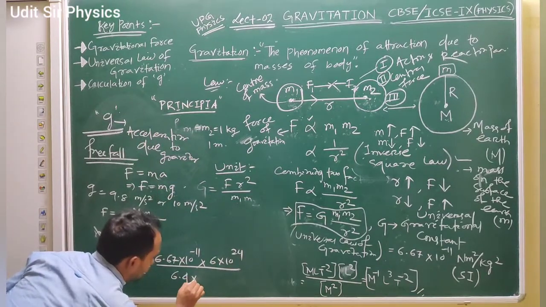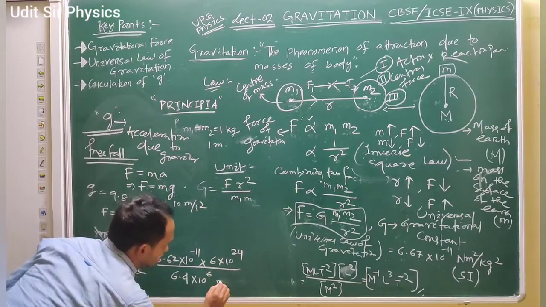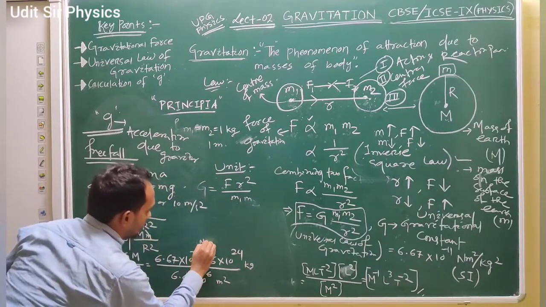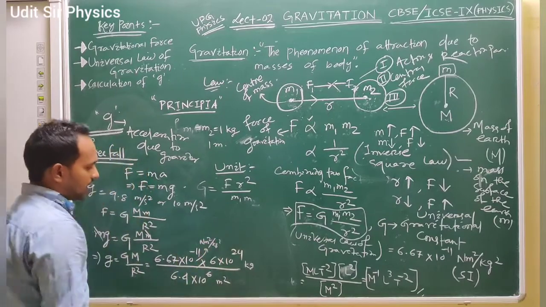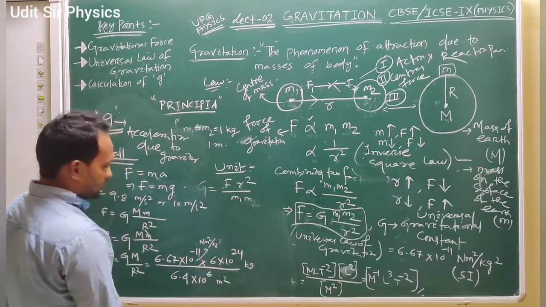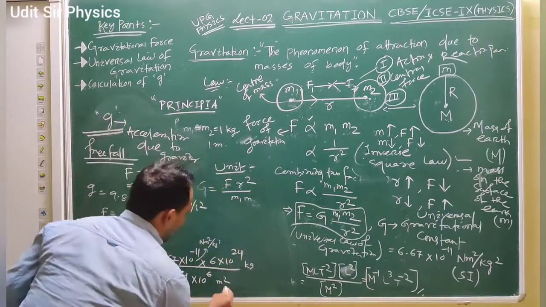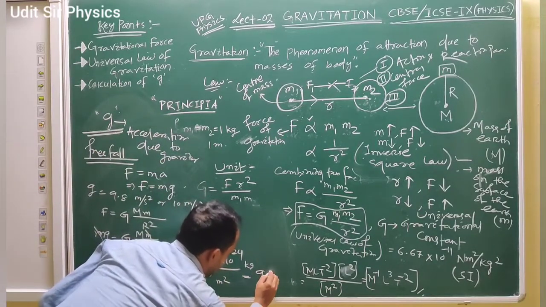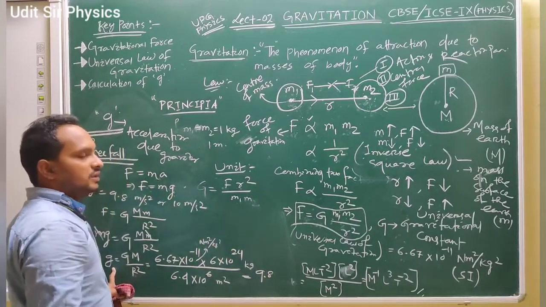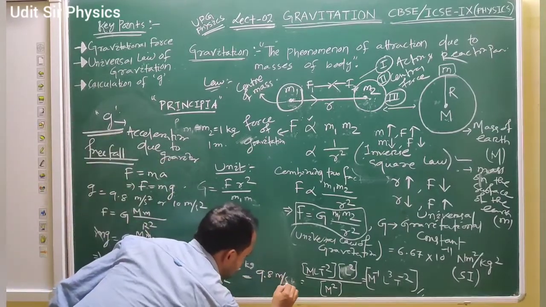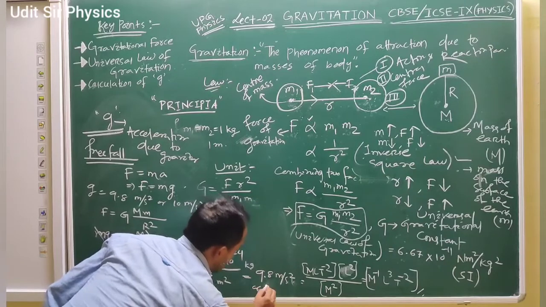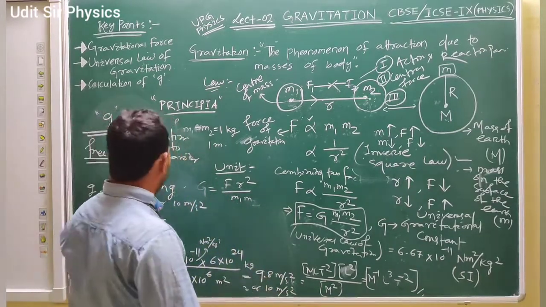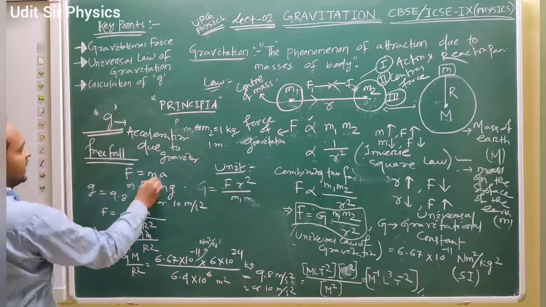Units are Newton meter square per kg square, or we can calculate. Okay, खुद calculate करो. इतना calculate करने के बाद we can find out the number 9.8. Acceleration means unit is meter per second square, or we can consider 10 meter per second square approximately. So that is the relation between small g and capital G.